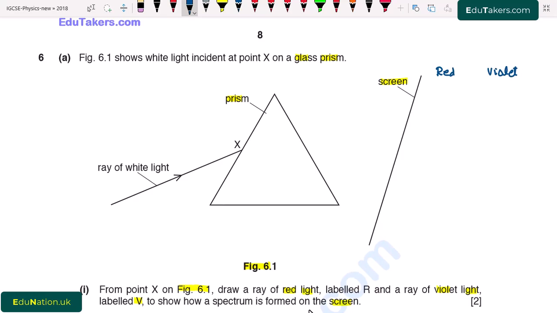Red light has longer wavelength as compared to violet. It is longer, and for violet it is shorter. So the light that has shorter wavelength will bend more. So in this case, bending will be more. But for the case of red light, the bending will be small.